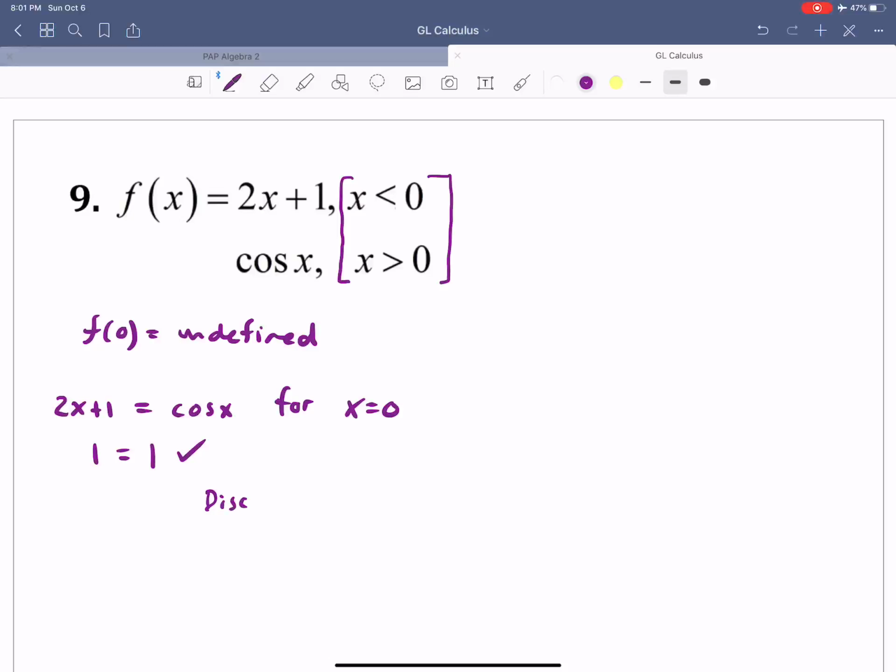So we would say here that there's discontinuity at x equals 0, but this is actually removable because the limits exist, but the function is undefined.